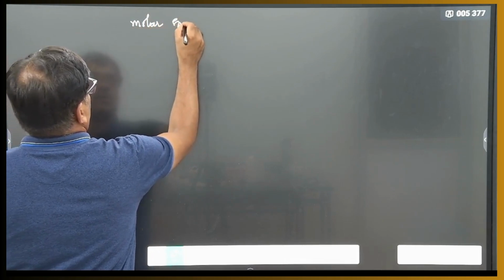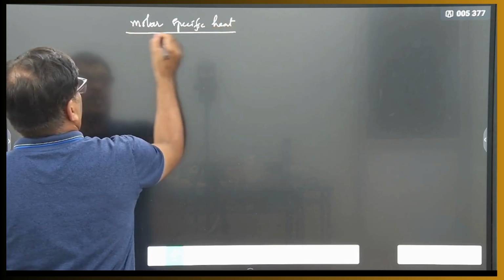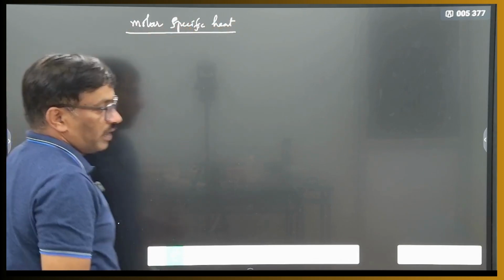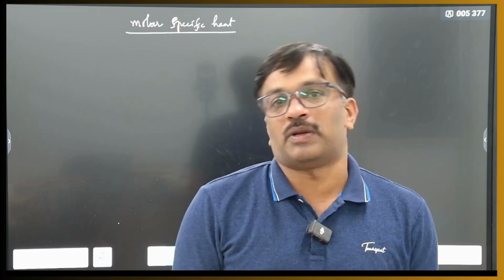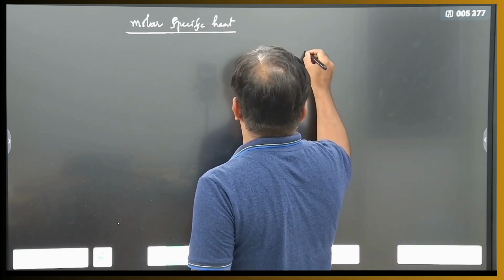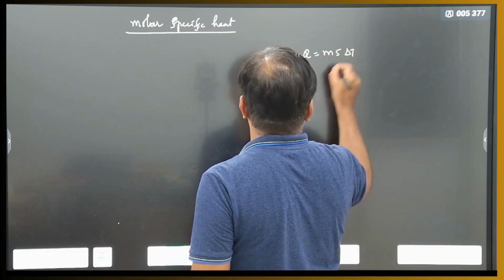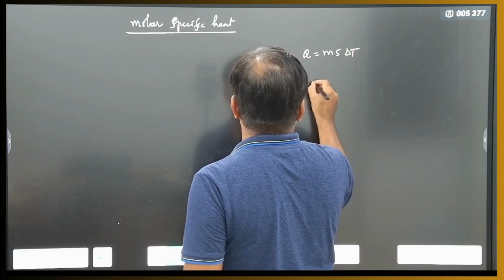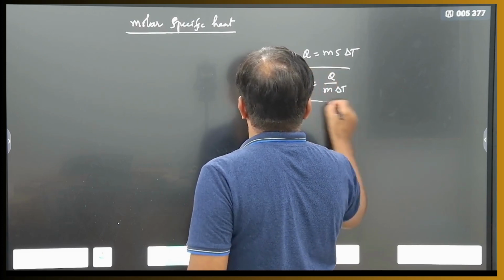Molar specific heat capacity. Right, what is meant by molar specific heat capacity? We already studied in the heat lesson what is meant by the specific heat. What is the specific heat formula? Q is equals to m s delta T. So therefore S is nothing but Q by m into delta T. So what is this now?